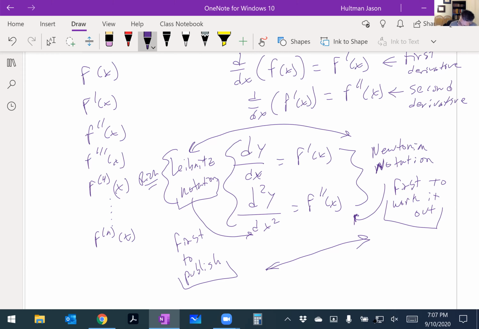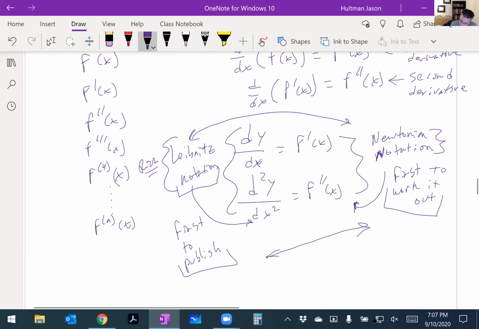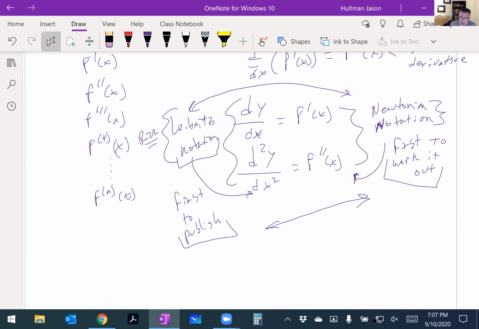Newton was a physicist, and Leibniz was a mathematician. So they were actually working in different fields at the time. Newton was trying to figure out planetary motion, and Leibniz was just trying to figure out the area under a parabola. He was like, well, here's a parabola, what's the area under it? That's all he was trying to do.